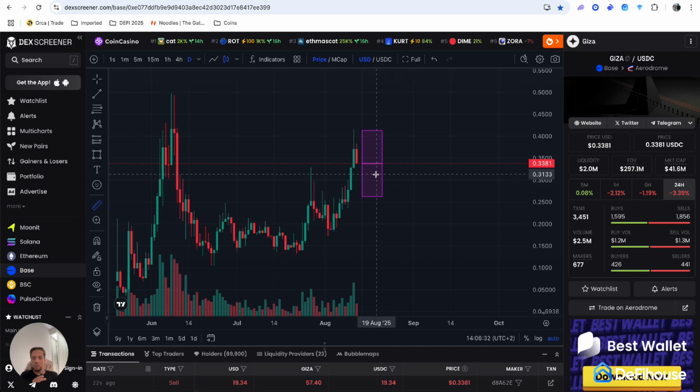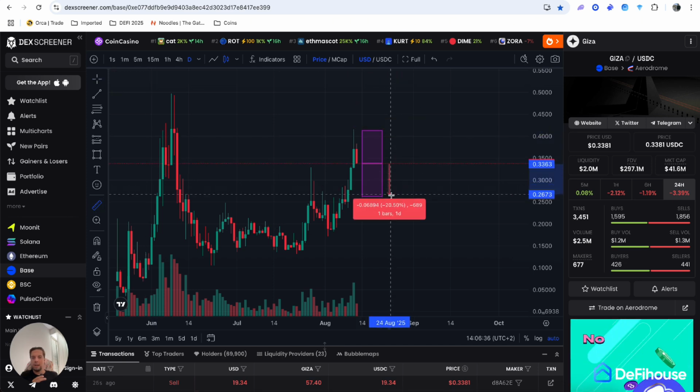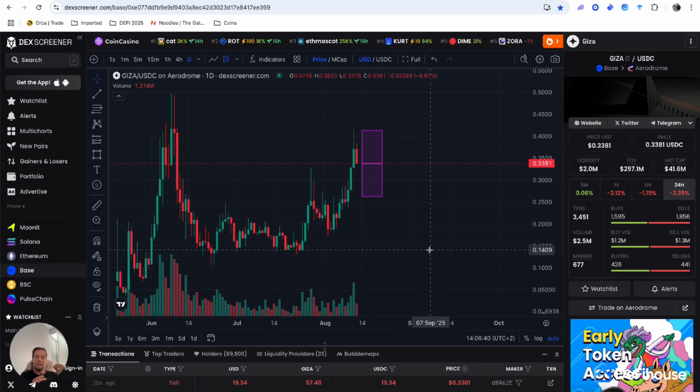So in this case we set the range about 23% up and about 23% down. In that case, your deposit ratio will always be 50-50.